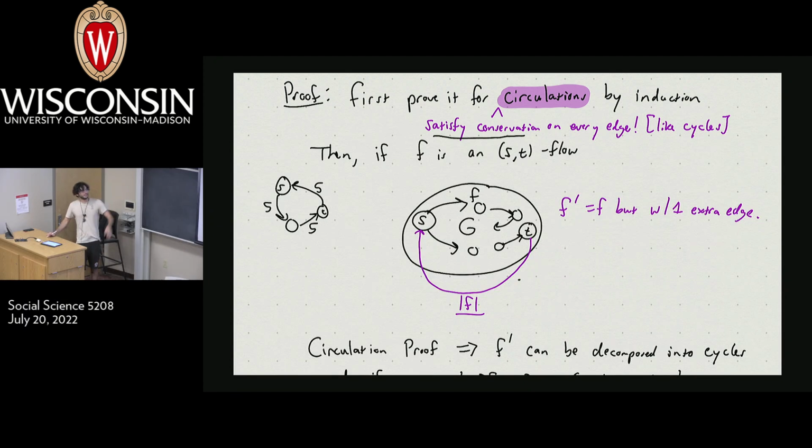For S to T, the flow F has value size of F, so the net output of S is size of F. But now we've added this edge, and so we're going to subtract size of F to get a net output of 0. So we took our graph, and by adding a single edge, we've turned it into a circulation. Our original flow has now become a circulation.